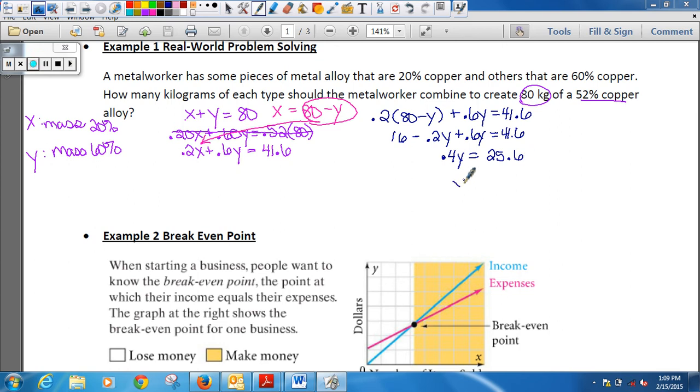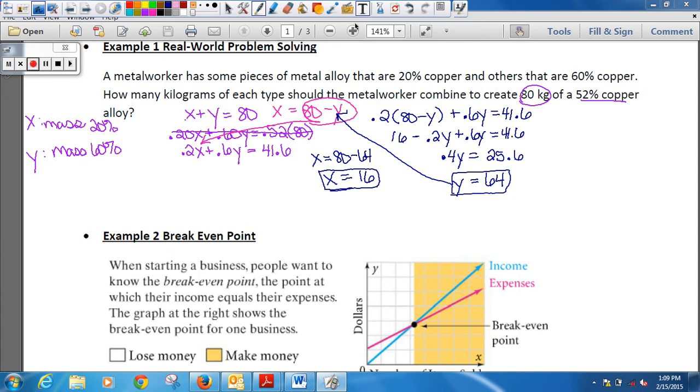And now I'm going to divide both sides by 0.4 and I get y equals 64. I'm going to take that and substitute that in right here. And I have x equals 80 minus 64. So x is going to equal 16.